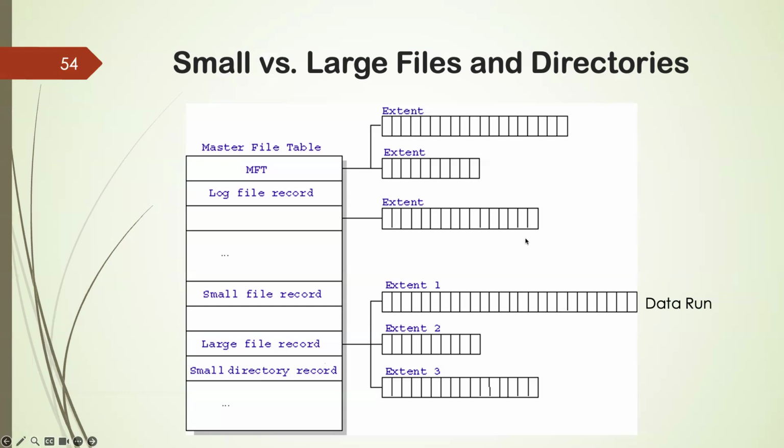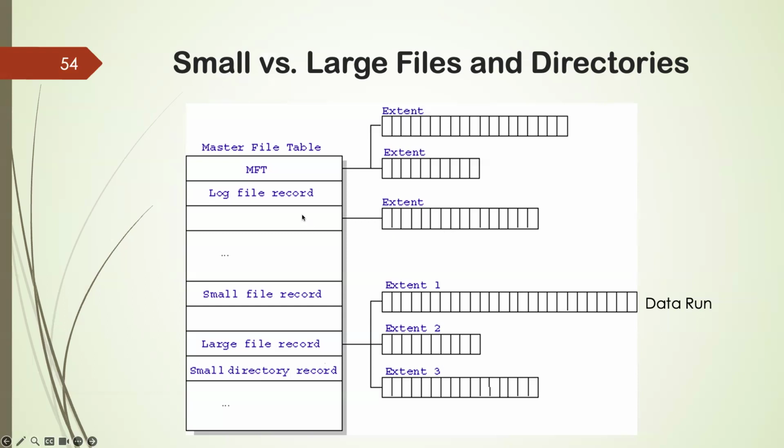You can think of it as a linked list. If this whole cluster run is allocated to one particular file to store data, then we just write the starting point, or head, of this cluster run in the data record, and then we can follow these clusters one by one to read or write the data.